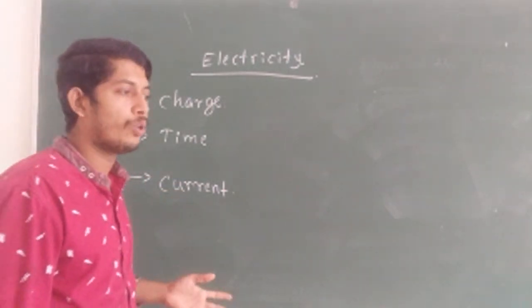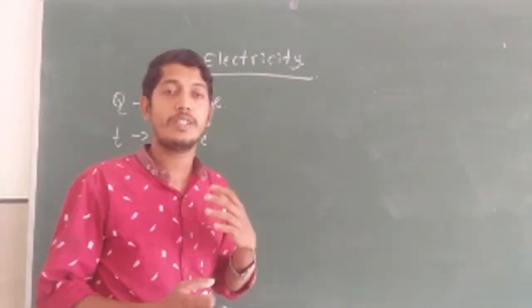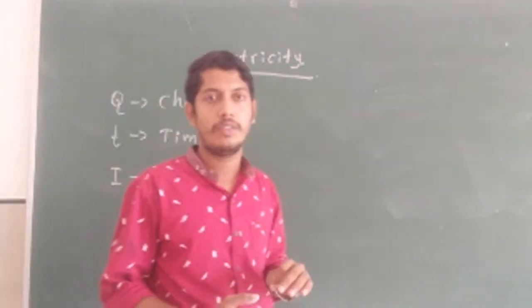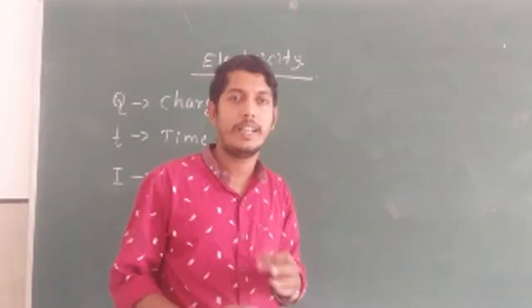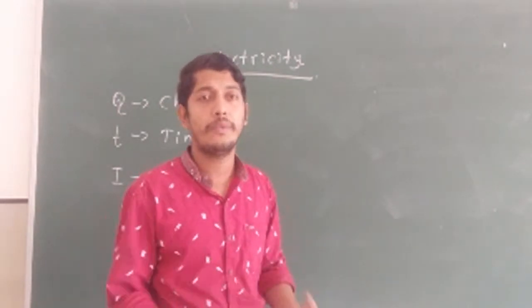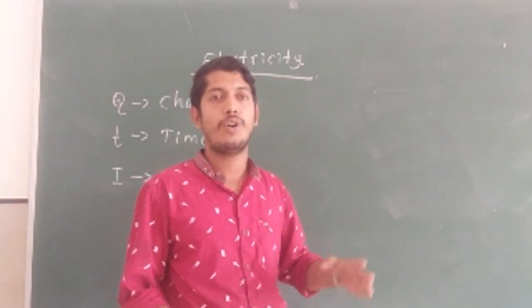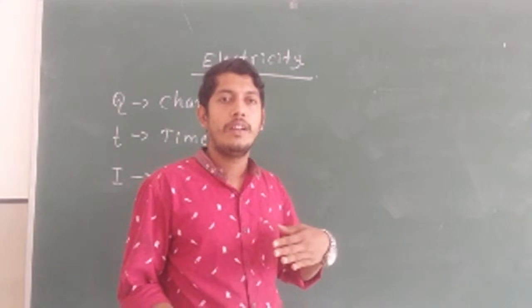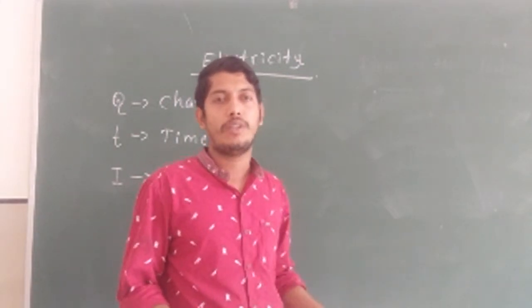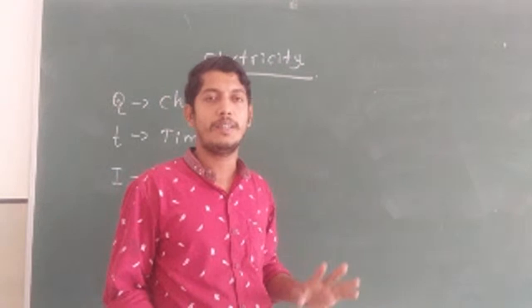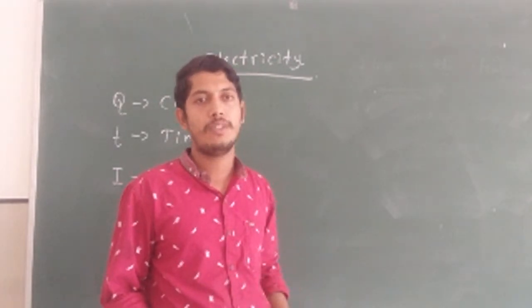Earlier I told you that electricity means the orderly flow of electrons in a particular direction at a particular time, or in other words the rate of flow of electrons in a particular direction. Particular direction is important, and rate means time.